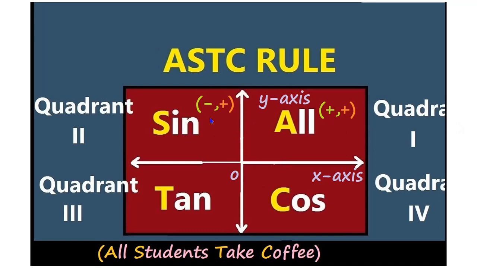In the third quadrant, x coordinate is negative and y coordinate is also negative. Both are negative. And in the fourth quadrant, x coordinate is positive and y coordinate is negative. These are the signs of the coordinates.